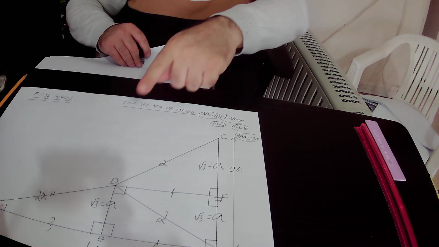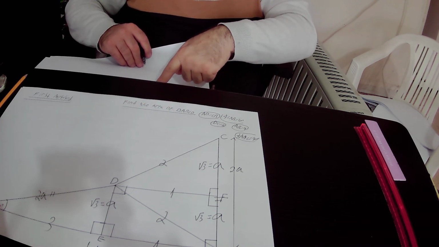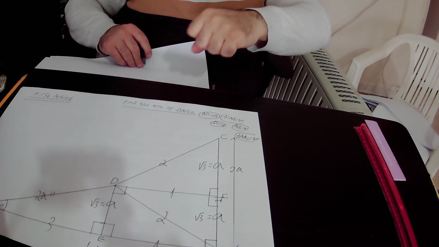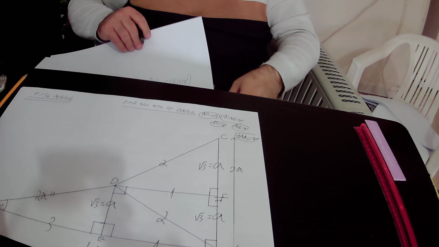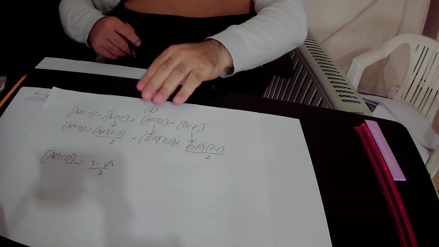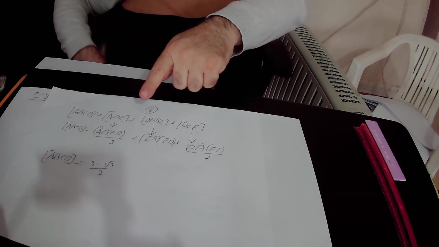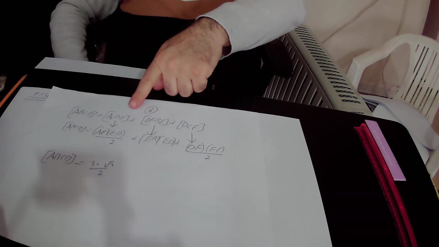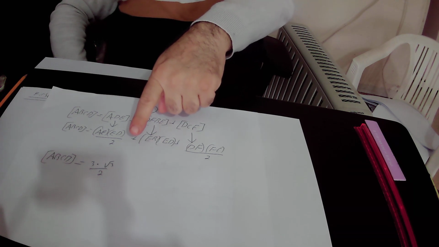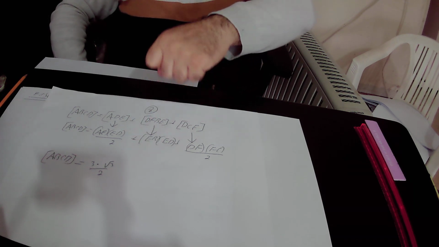AE is 3 units and ED is square root of 3 over 2. So the area of triangle ADE equals 3 times square root of 3 over 2.